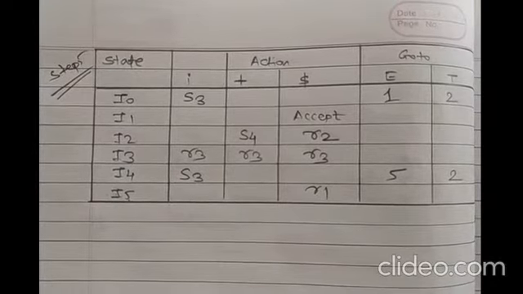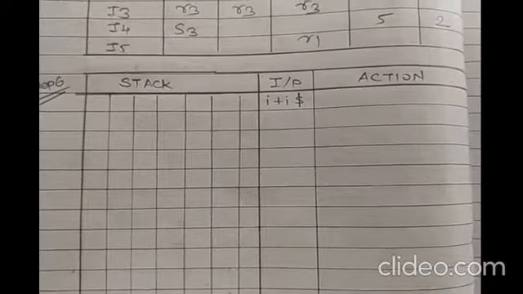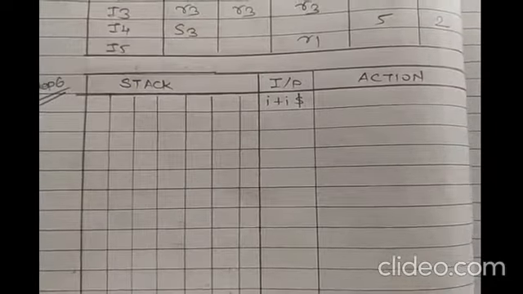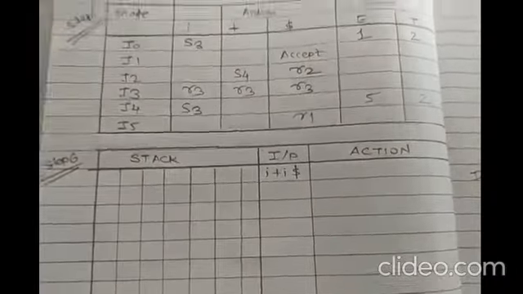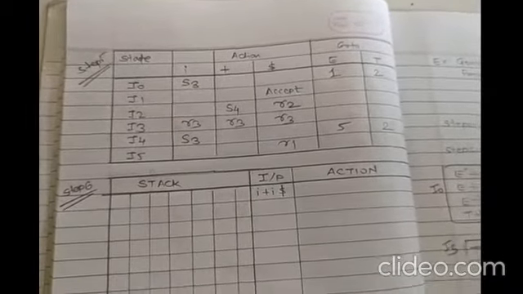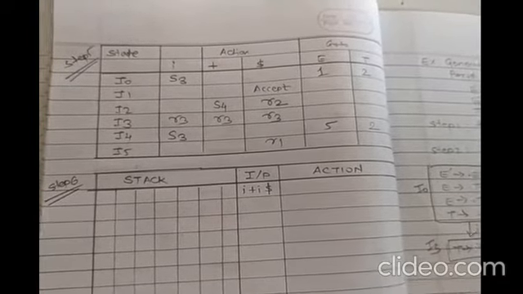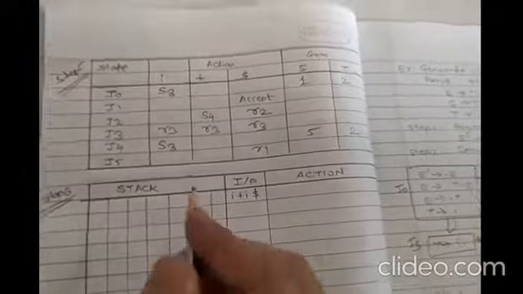Now next step we will see how we can parse a given string. In the last step, that is step number 6, we will see whether this parsing table parses the given input string or not. For that reason, create a stack which will contain the very first element, that is the top of stack, nothing but state number 0.